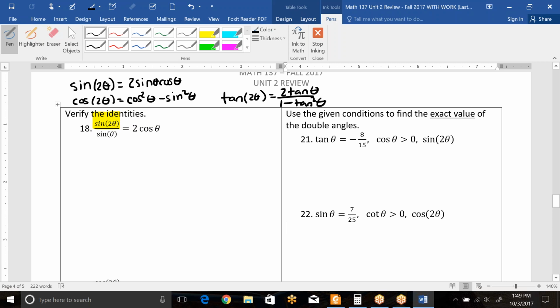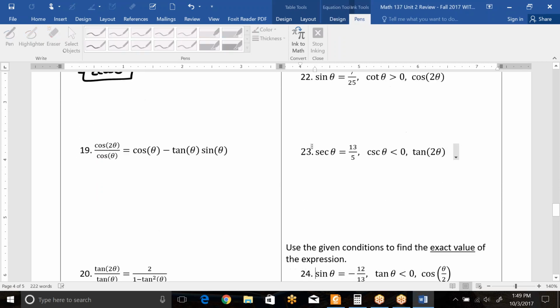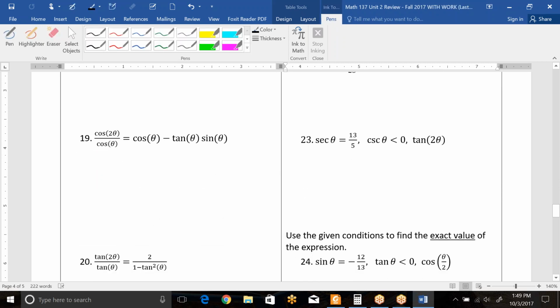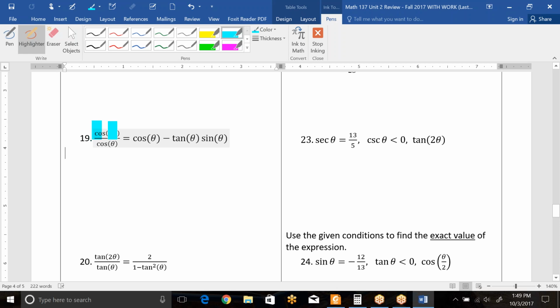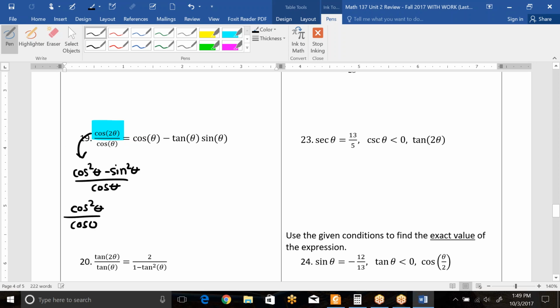So if we use the sine of 2 theta to replace the top here, this would become 2 sine theta cosine theta over sine theta. And then the sine thetas would cancel out, so we'll immediately get 2 cosine theta. And then let's do this one. Cosine of 2 theta. If we replace that on top with cosine squared theta minus sine squared theta, since this is again a double angle formula on top, all over cosine theta, then we can make that 2 separate fractions because it has a monomial in the bottom.